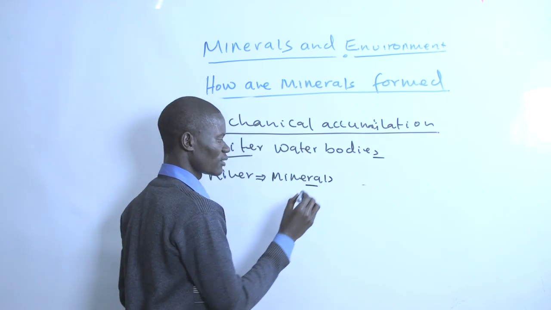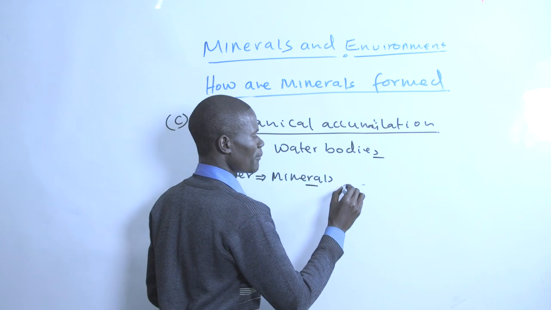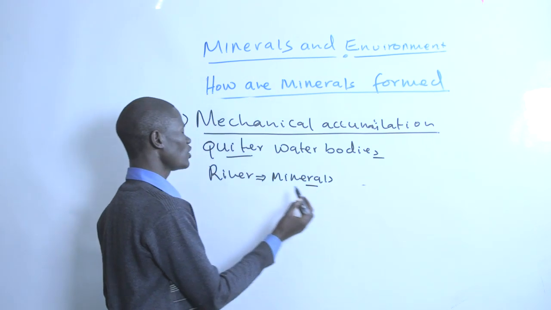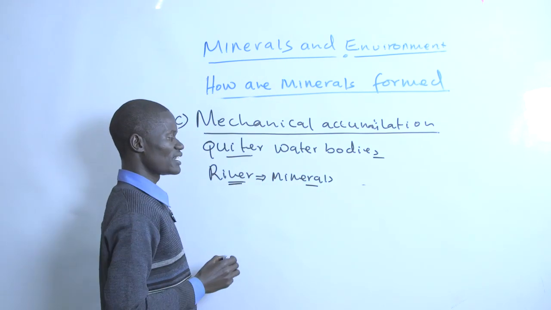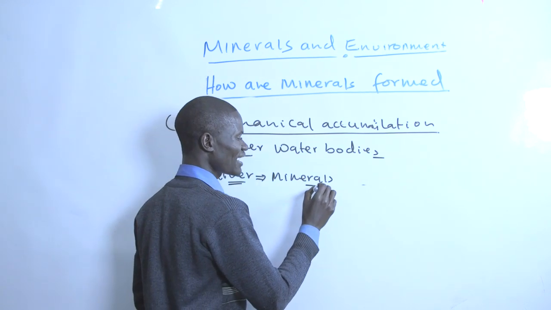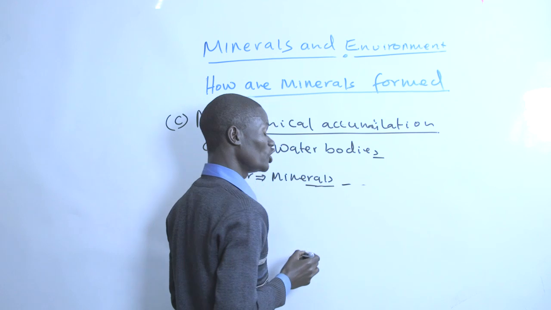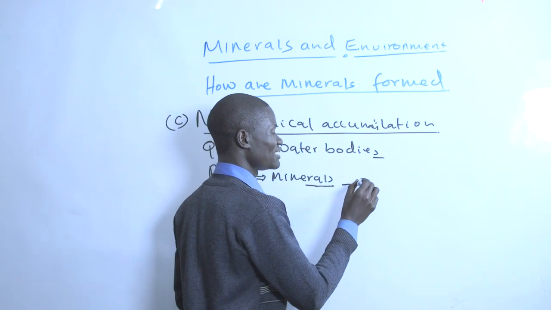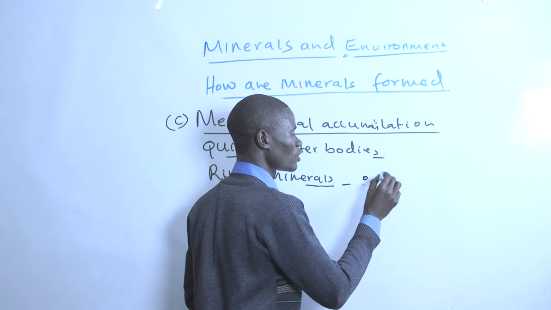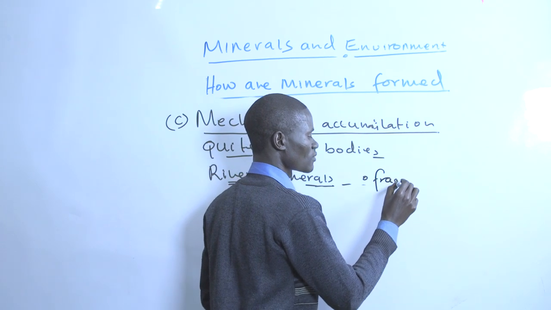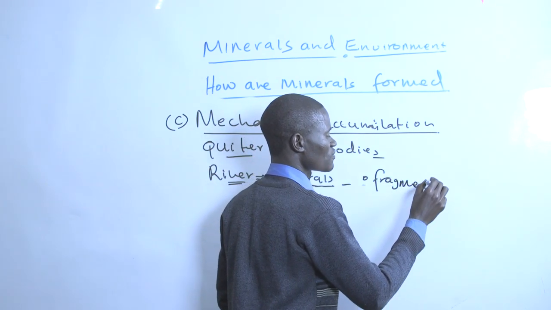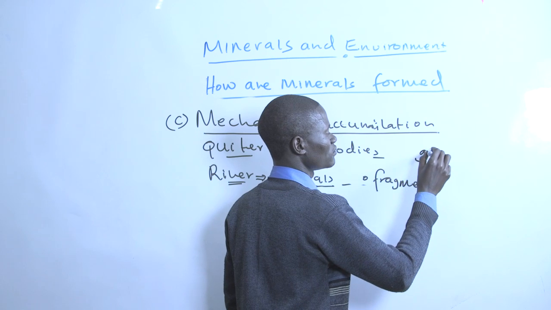And then these minerals, depending on the speed of the river, may be carried over a long distance, and they are not in solution form, but just in pebbles or fragments. For example, the fragments of silver and gold.